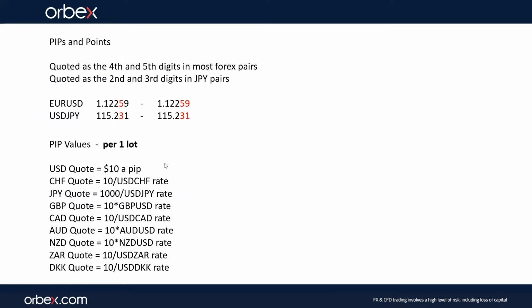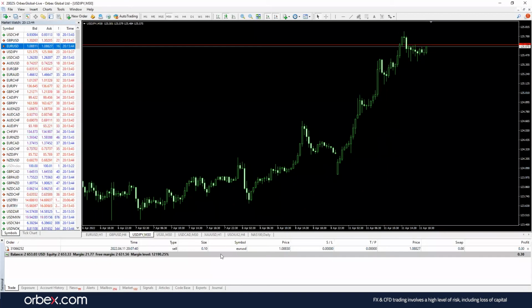So let's just check what's happening now. A dollar quoted currency, such as the euro dollar, pound dollar, Australian dollar against the American dollar, these are all $10 a pip per one lot standard. So whatever happens, every time a pip goes up and down per one lot, it's $10. So the trade that I've got open at the moment, because it's 0.10, it means that it's 10 cents a pip.